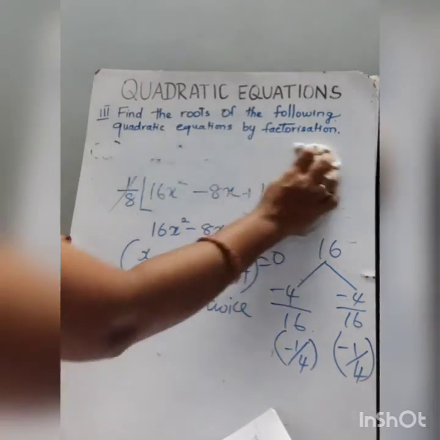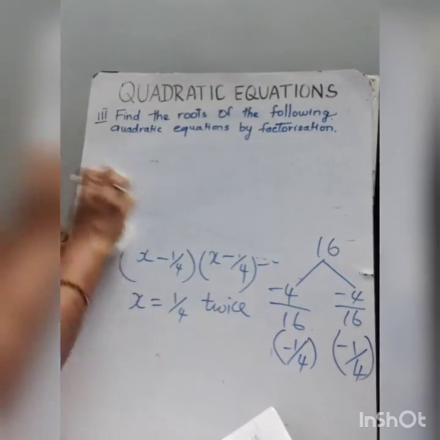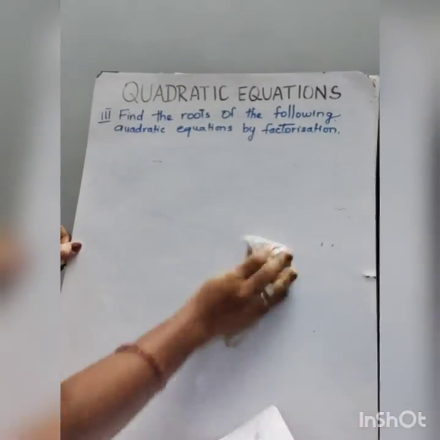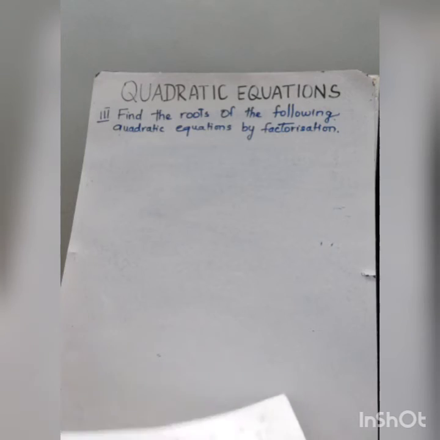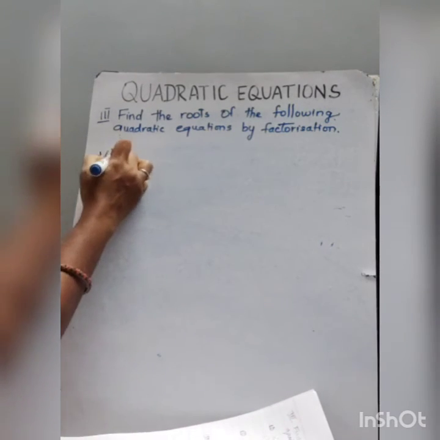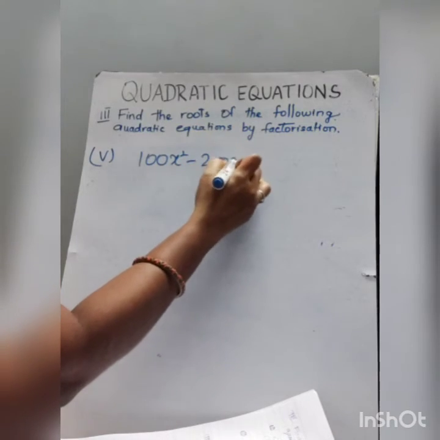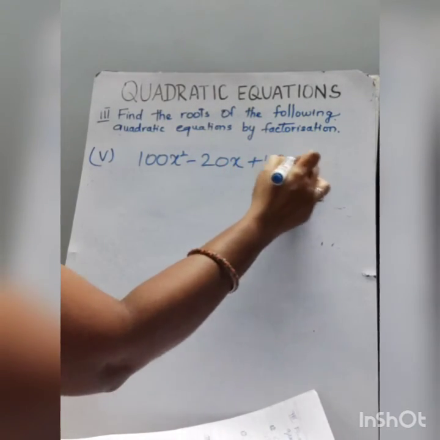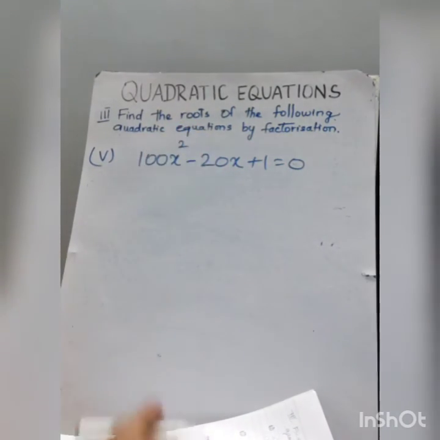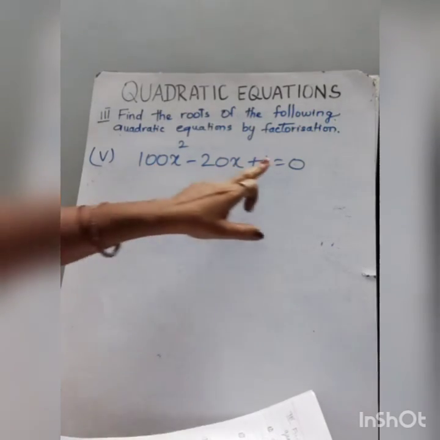So finally we have the fifth subdivision, which is 100x square minus 20x plus 1 equal to 0. Now let me multiply 100 with 1.